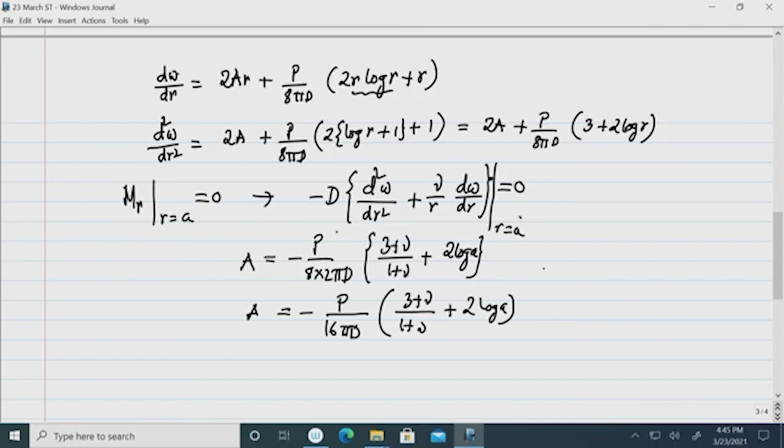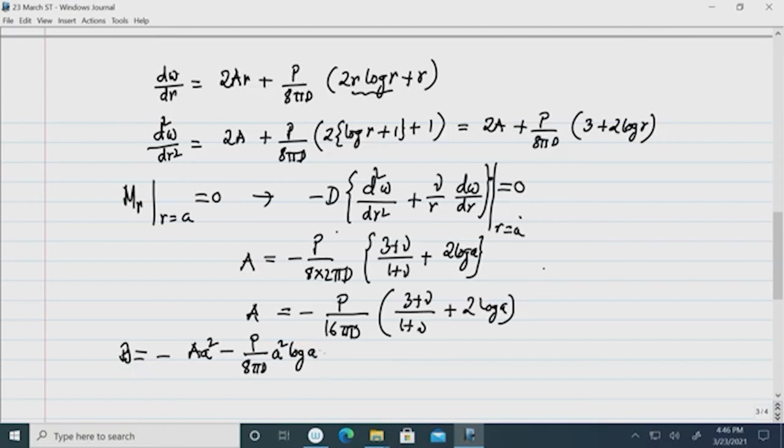Okay. Substituting A in the expression for deflection that we have previously found at the boundary, which is equated to 0, we now get the quantity B. So, B from our deflected surface equation is minus A a square, that is at the boundary, P by 8 pi D a square log a.